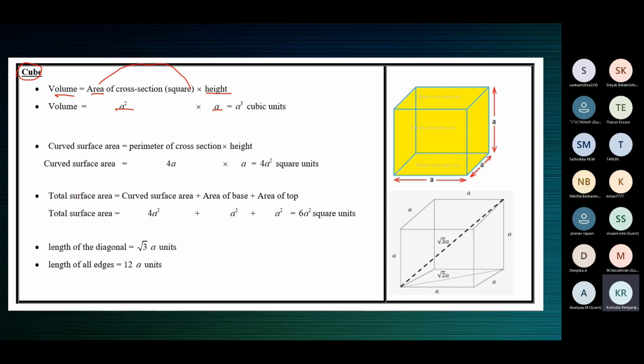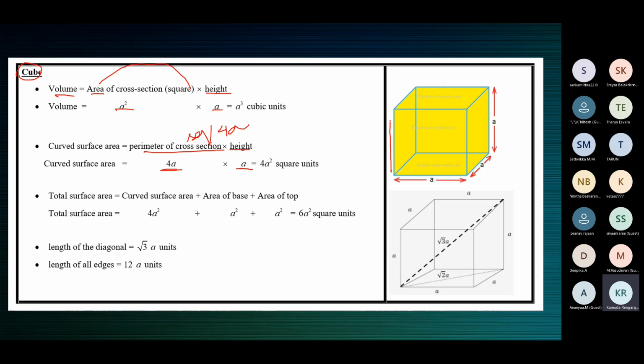Curved surface area is defined as the perimeter of the cross section into height. We know that the cross section is a square and the perimeter of a square is 4a. So perimeter of cross section into height. Perimeter is 4a into height a, because the height of the cube is a.